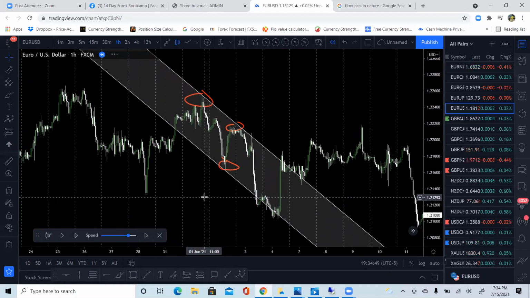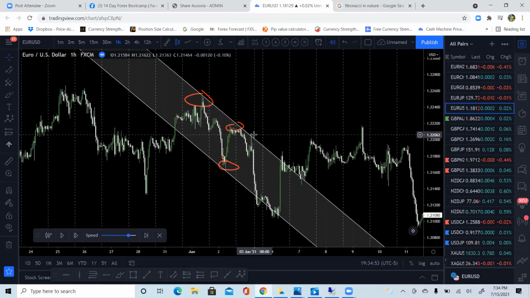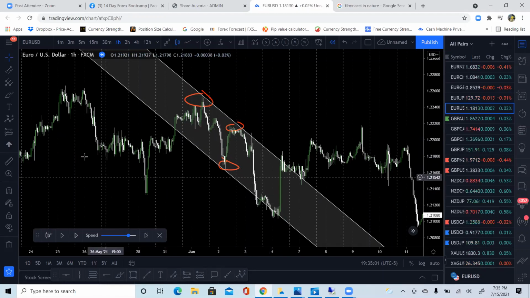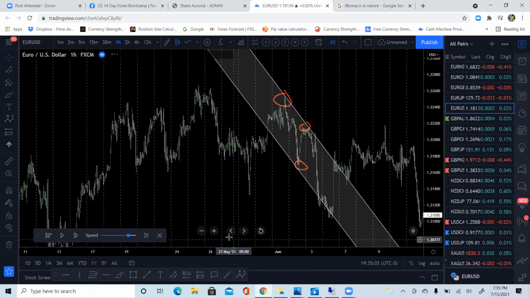That was a short-term price channel, but a price channel nonetheless. That price channel would have got you this trade here and got you that take profit. It only gave you one trade. Most good price channels will give you multiple trades.